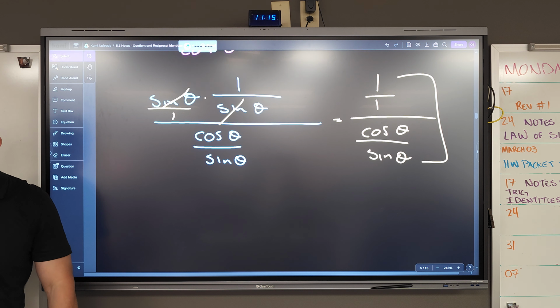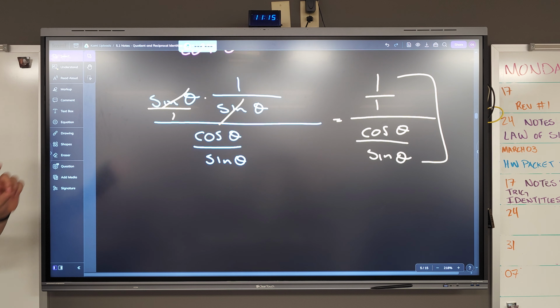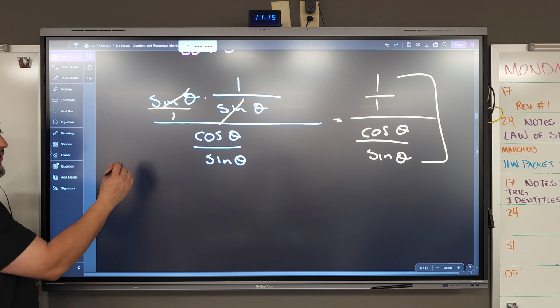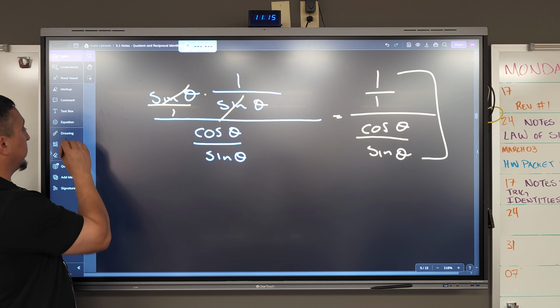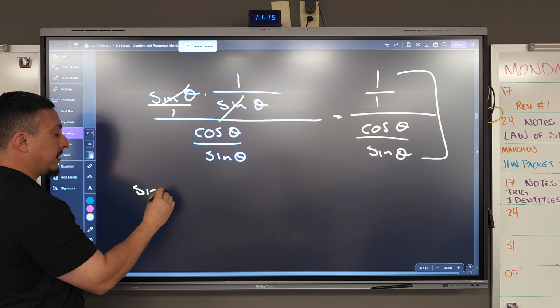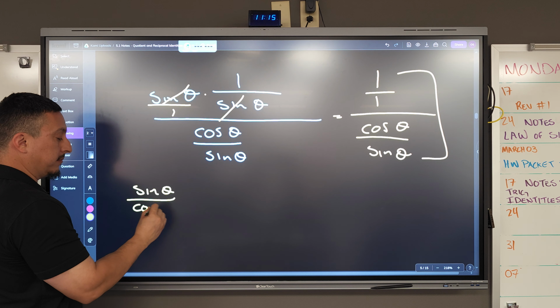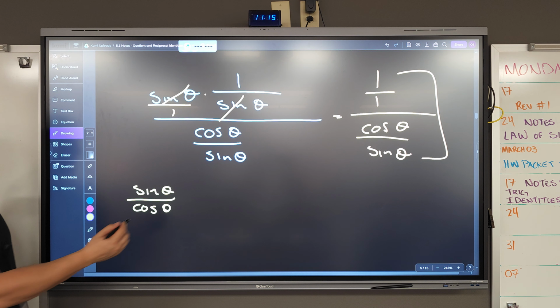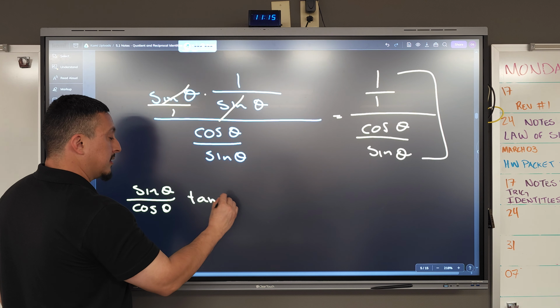I think this is what you saw when I was walking around: a lot of you didn't cancel the sine. So I'll do it like that to show you that it still works. But here you would get sine on the top, cosine on the bottom with the hamburger, and that's just tangent theta.